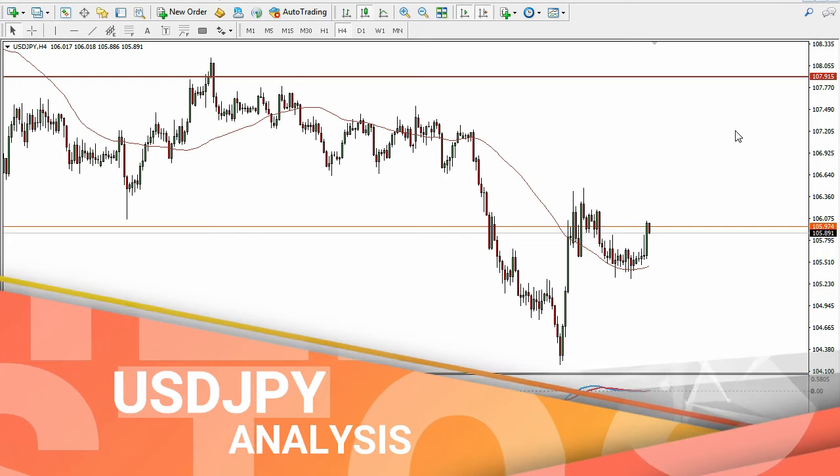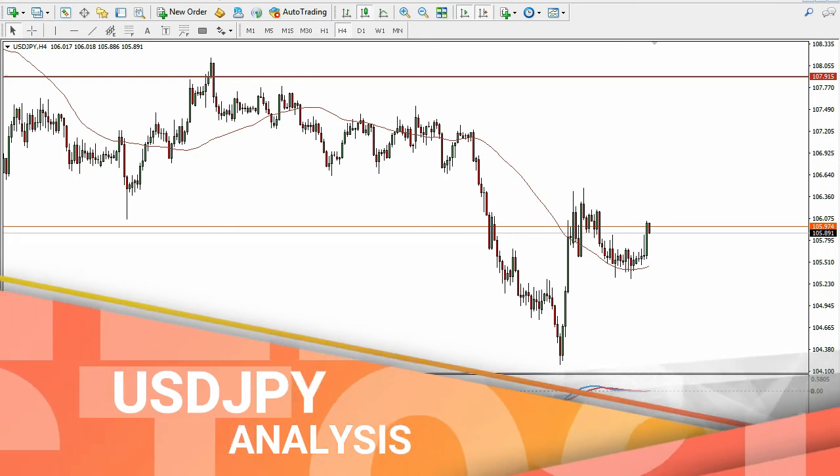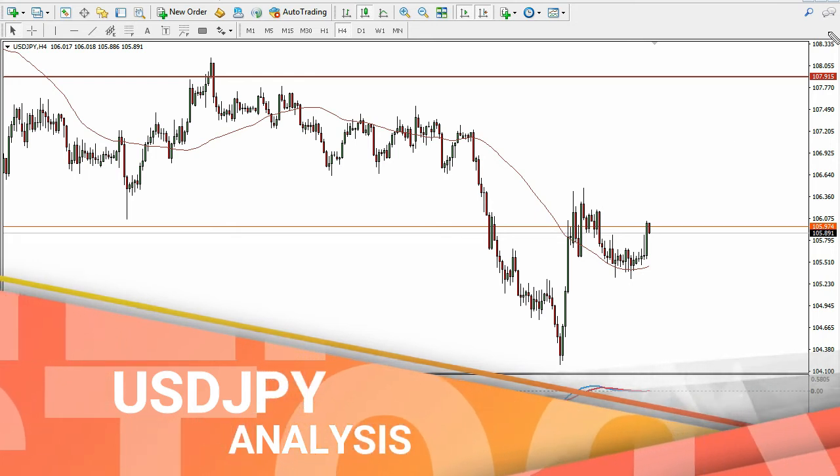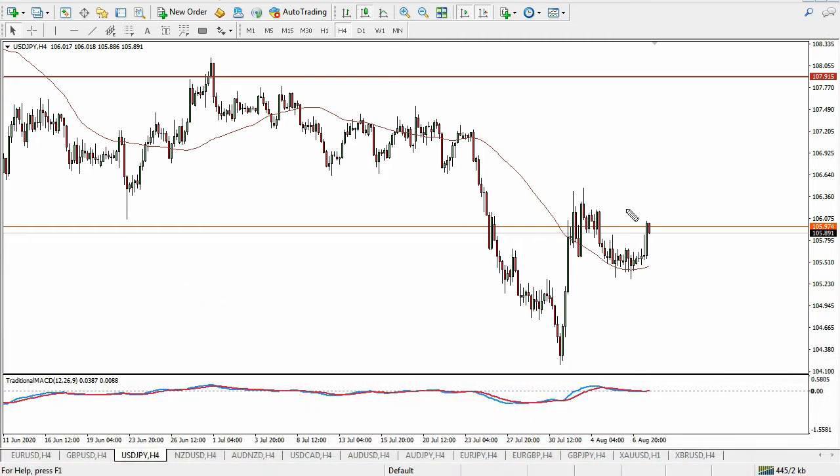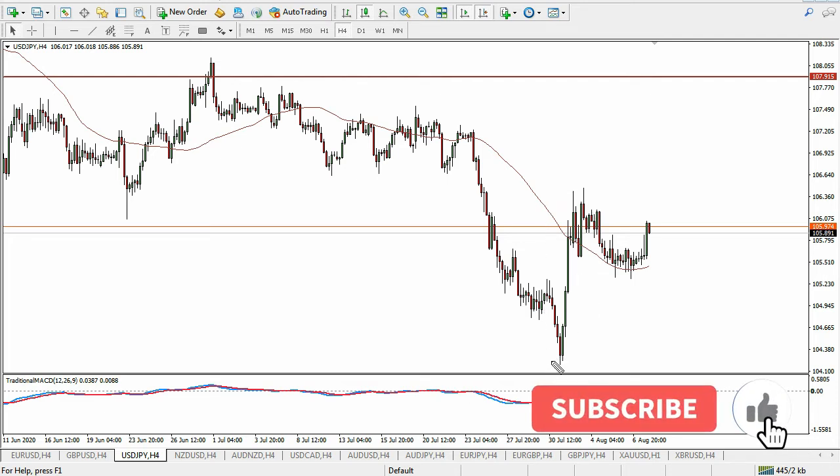So this is the USD Yen, and I mentioned in my previous videos that I'm only looking for some long positions for a longer term. The week before last week, I said we might see some strong buyers over this area, and price finally started from this area to go upward.